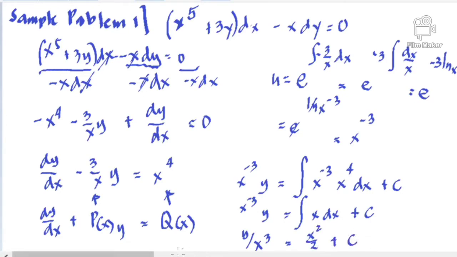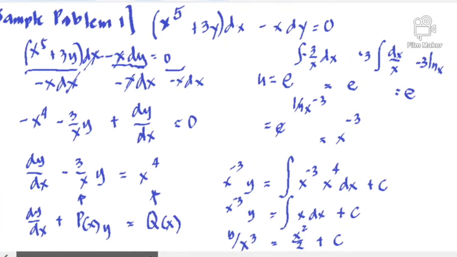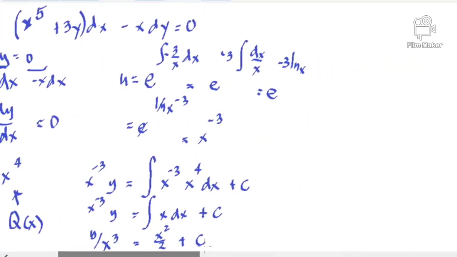Ayan. Kung tutusin, yan na dapat yung sagot. Pero kung gusto nyo i-simplify, sige, simplify natin. That can actually be simplified into, ano, i-multiply natin sa kabila. Y is equal to, what? Sorry, may 2 pala doon. 2y is equal to x to the fifth, right?